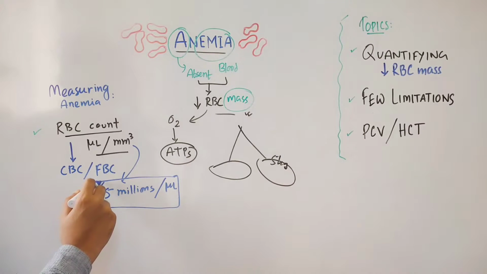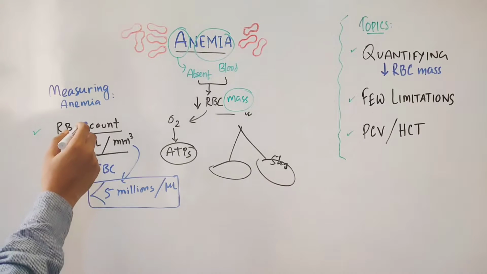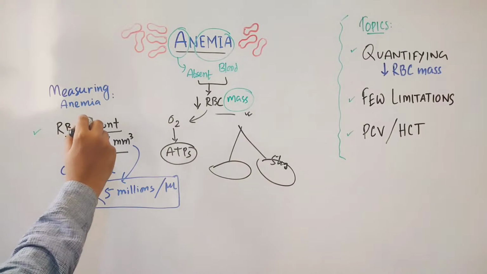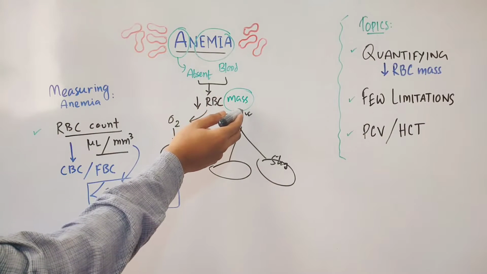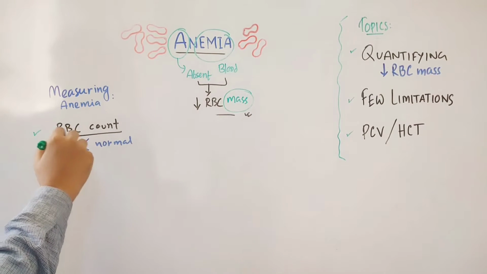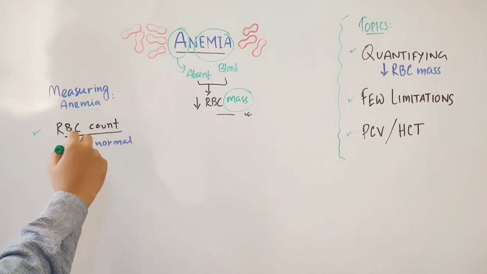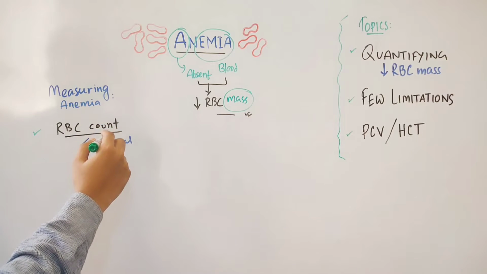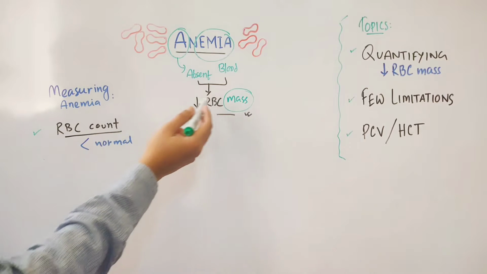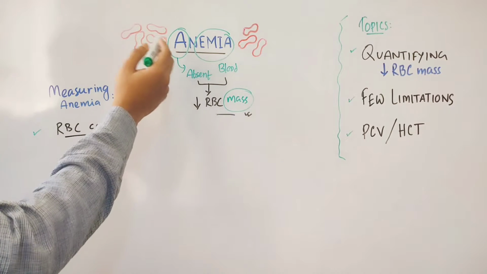So if a CBC gives a count less than 5 million, we can say the RBC count is low. And if the RBC count is low, then obviously the RBC mass is also low, right? So RBC count is one of the alternative measurements that reflects the RBC mass. If RBC count is low, RBC mass is low, which means we have anemia.